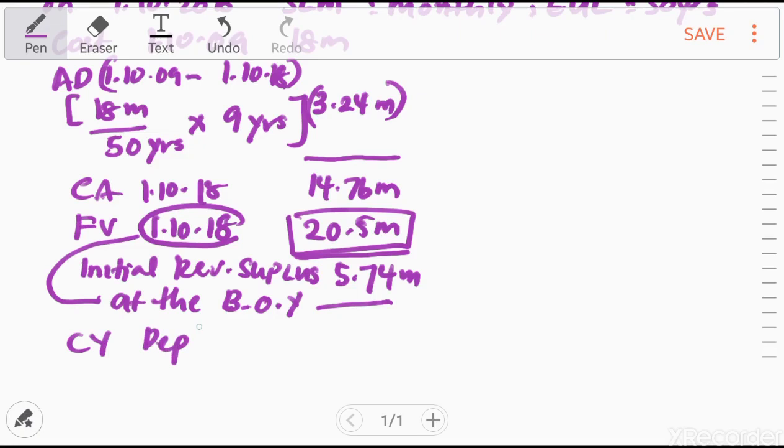It will be 20.5 million divided by the remaining useful life. Remember, our estimated useful life was 50 years, and we have used up the asset for 9 years. So divided by 41, and you'll get 0.5 million.